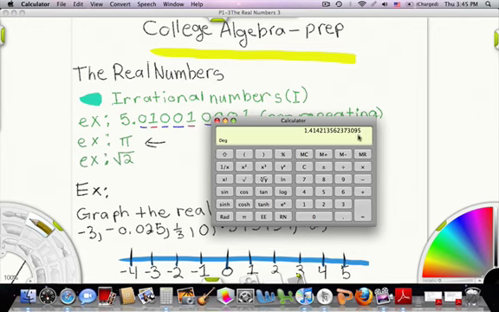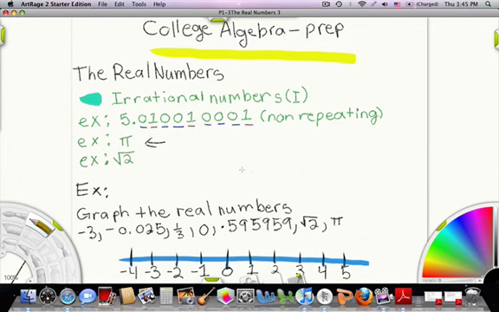But remember, calculators can only display so many numbers, so it has to round it off somewhere, because calculators can't display infinite values. So it's going to actually round the last value that it can display, which is 5. But square root of 2 goes on forever, and it is an irrational number.